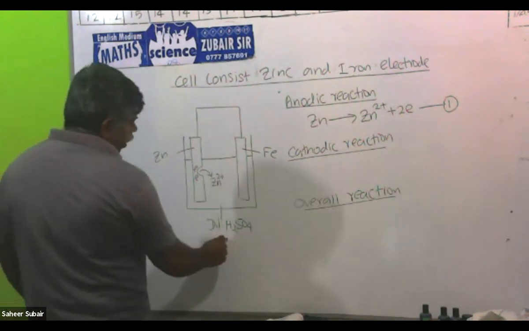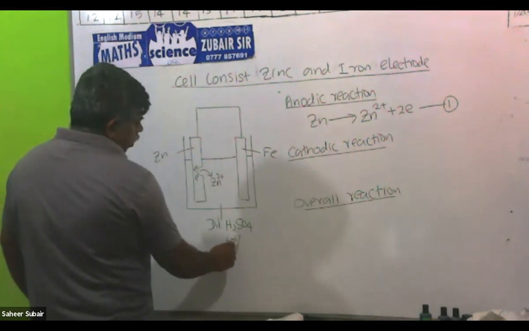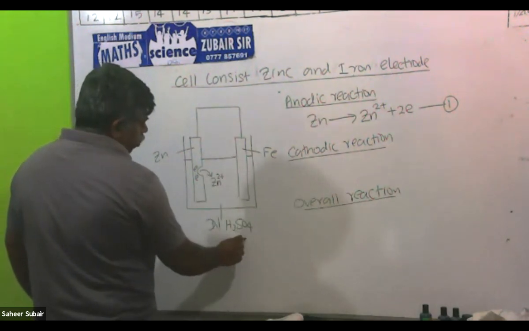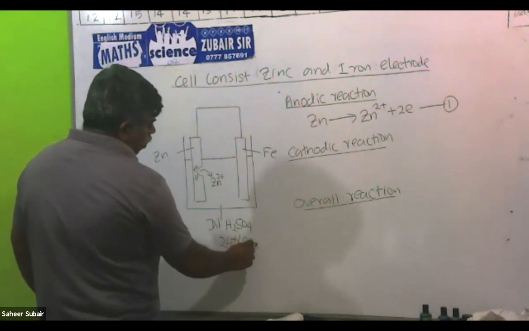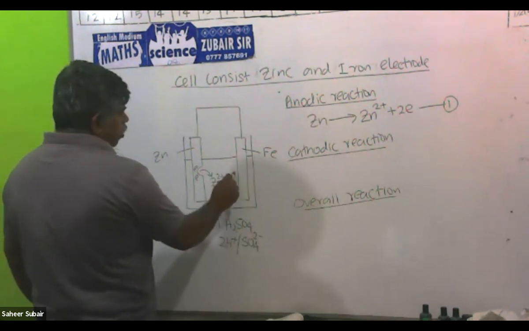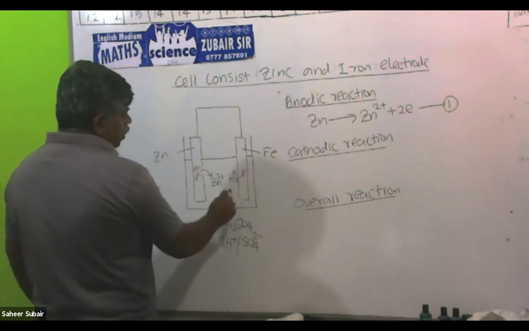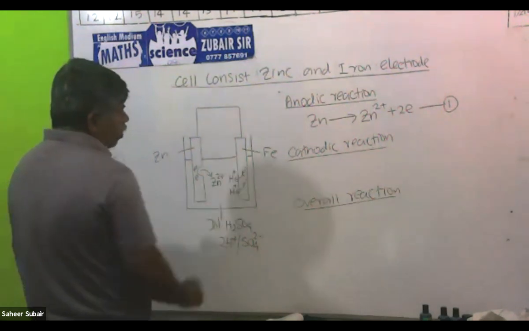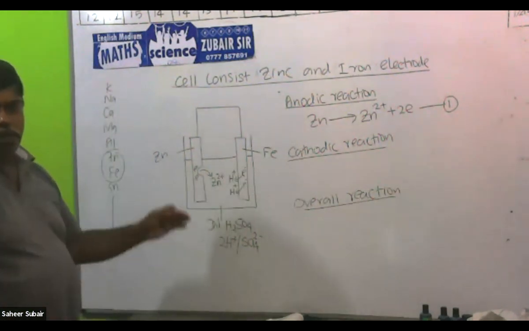Then this gives out hydrogen. Sulfuric acid breaks into 2H+ and SO4 2-. Then the H+ takes the electron from this. H+ is attracting the electrons. Here iron supplies the electron.